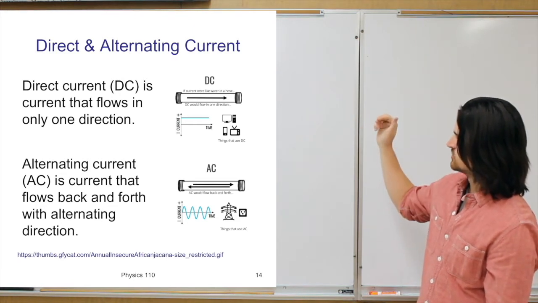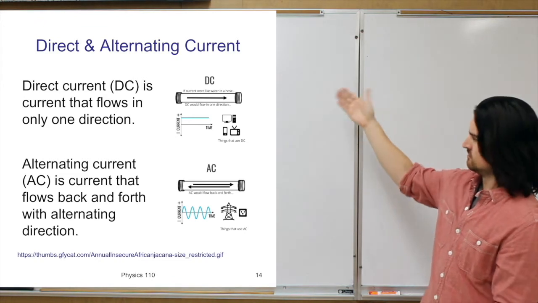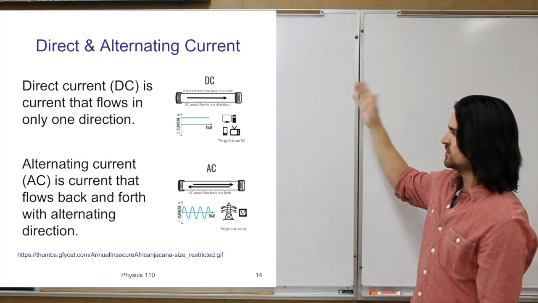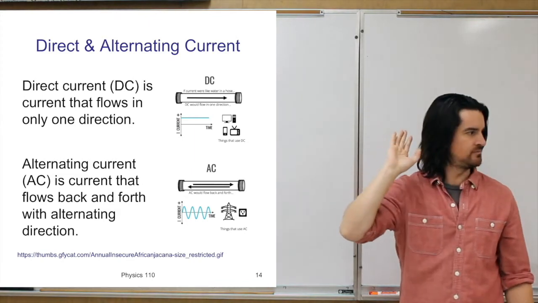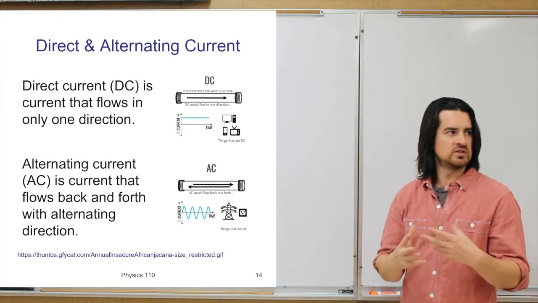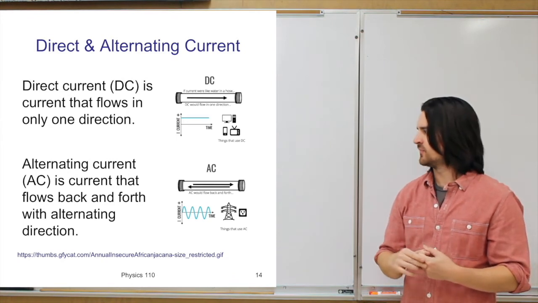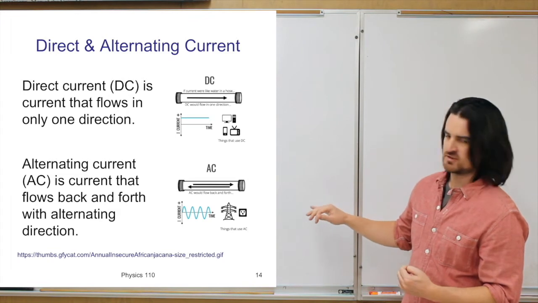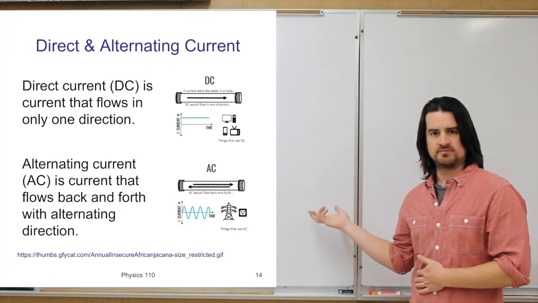So some examples, well, I've already talked about them, but for DC: your computer, your phone, most devices that you're going to use are working on DC current. But, like I also mentioned, the power lines that we all connect to in the outlets are running on AC current.